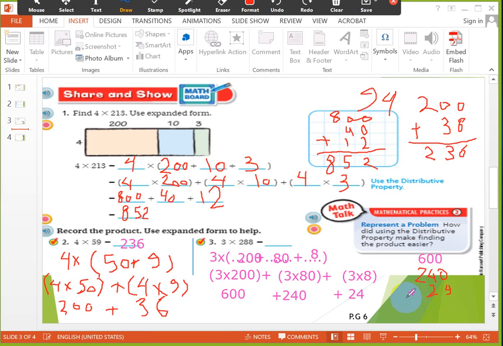Add the numbers. 0 plus 0 equals 0, plus 4 equals 4. Now 0 plus 4 plus 2 equals 6. 6 plus 2 equals 8. So the final answer is 864. This is the final answer.